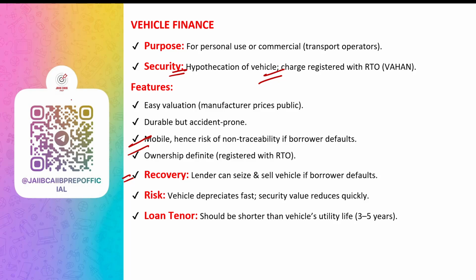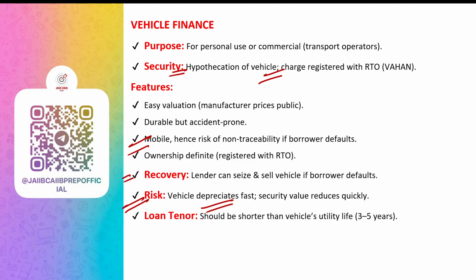Charge creation, again, hypothecation is the charge created. Hypothecation charge is registered with RTA or Vahan database, preventing double financing. Risk is always involved because in case of default, the bank can possess the vehicle, but vehicle depreciates faster.